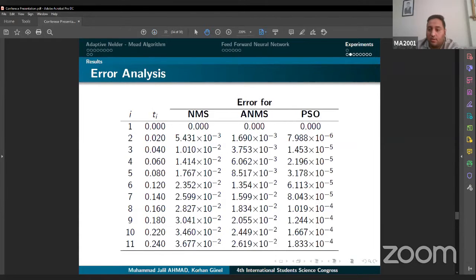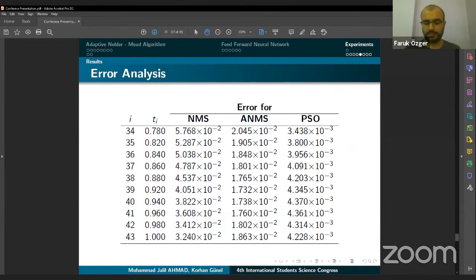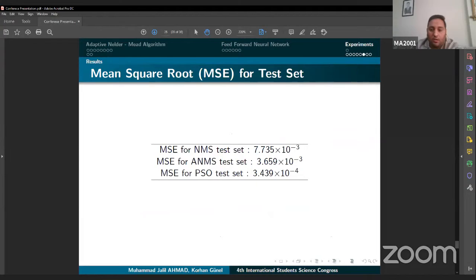You can clearly see it gives us a much smaller value as compared to the standard one. Also, we have compared it with standard particle swarm optimization as well. These are our results. And if we calculate the root mean square error on our test sets, this is given here.